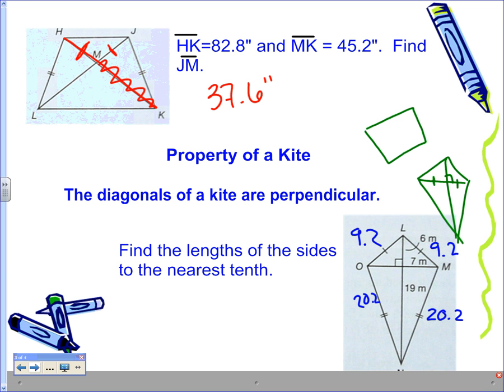Is that right? Are these two always going to be congruent? If it tells you a kite, that is true. Does that make sense? Any questions there?